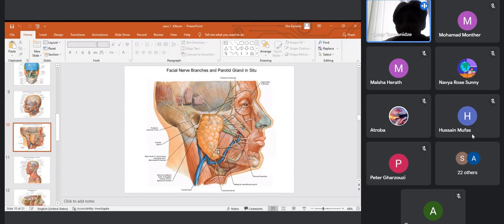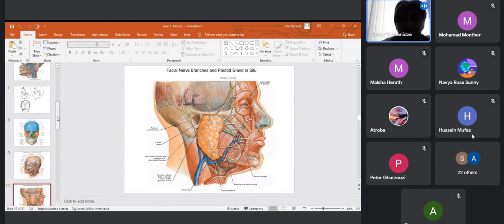So during surgical intervention in the anterior part of the face, the surgeon must know not to damage these branches, because they lie under the superficial fascia.